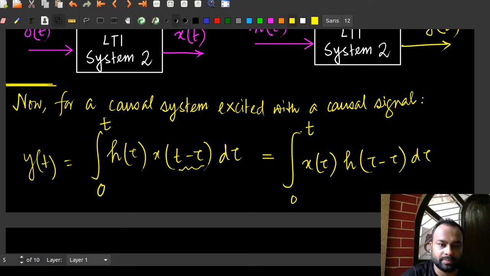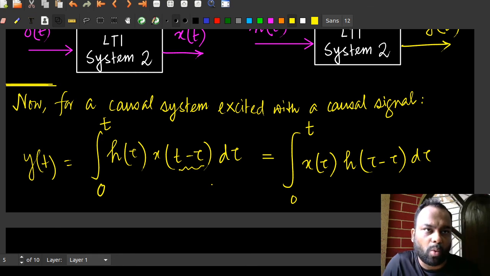That's for a causal system, a special note. Keep that in mind. Whenever we are dealing with causal systems and causal signals, instead of integrating from minus infinity to plus infinity, we can simplify the integration as such.